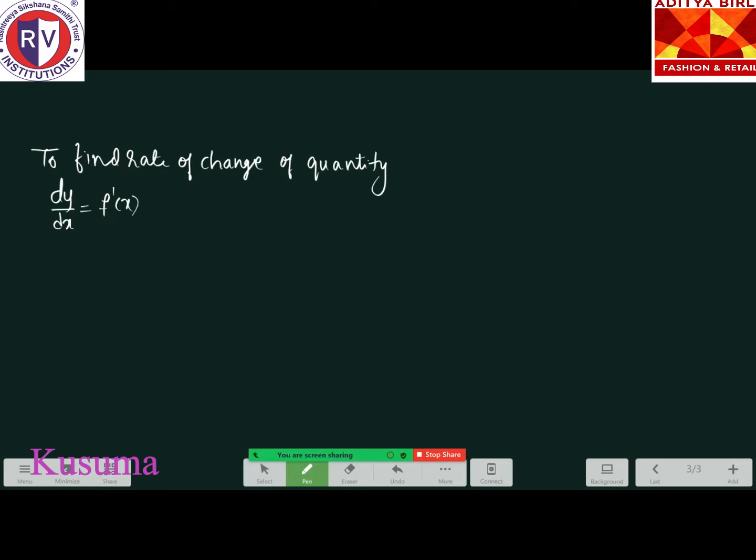Okay, so derivatives are also used to find the tangent and normal to the curve at a particular point. You know what a tangent is. What is normal to the curve?